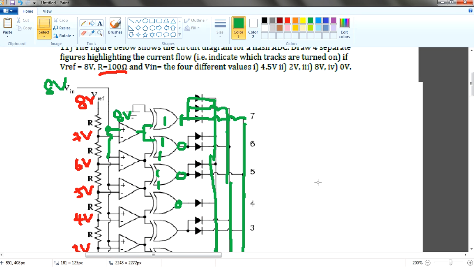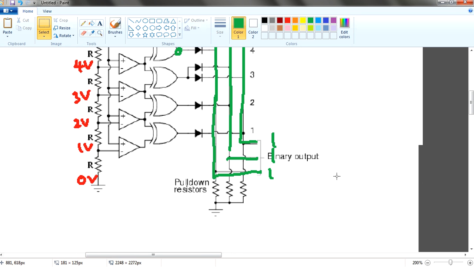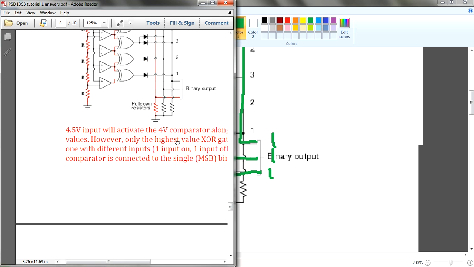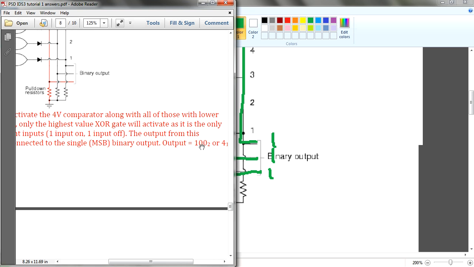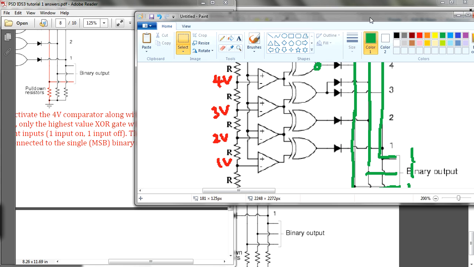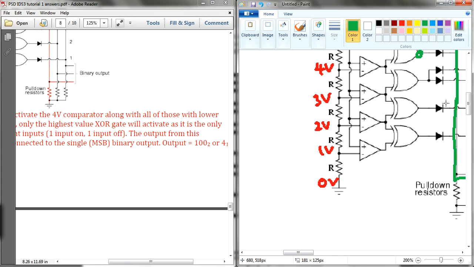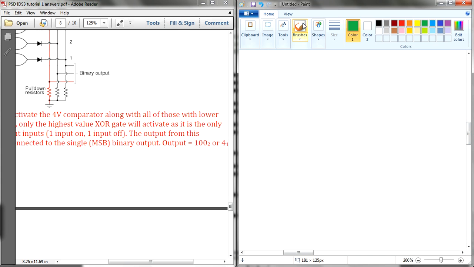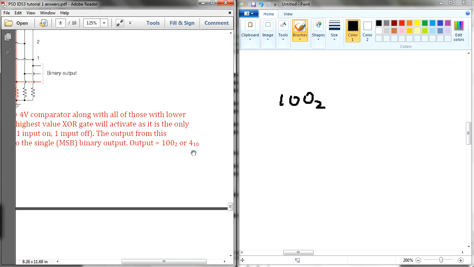Okay, and then what do I need to do? If you remember the 4.5 volt, the output is 100 in base 2. Maybe I should go down a little so that I have more space. So I have 100 base 2. If you want to convert into base 10, what are you going to do?